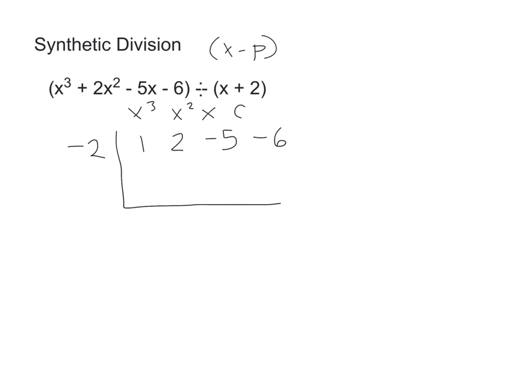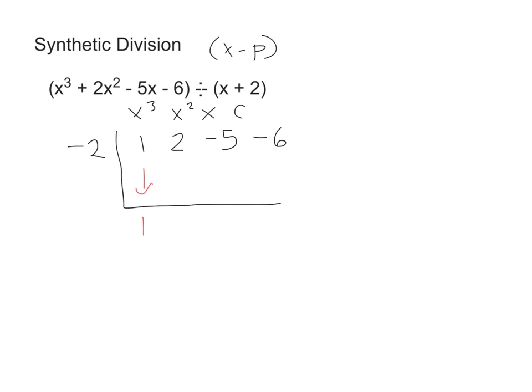Now what you're going to do is bring down that first number. So 1, I'm just going to take it down there. This might look something like the way that you learned to do long division. Now what you're going to do is multiply. We're multiplying the negative 2 by the 1 that's down there.